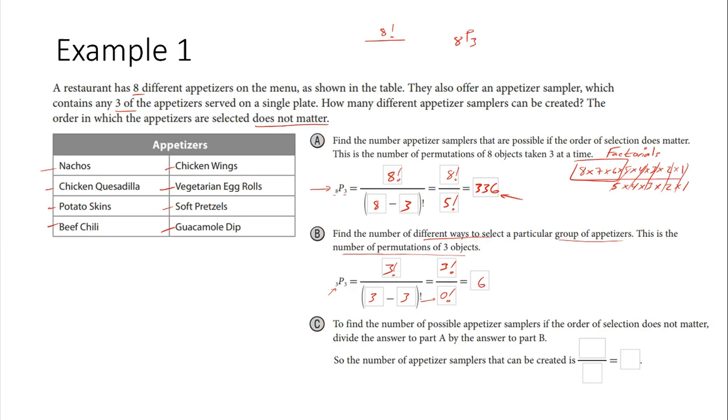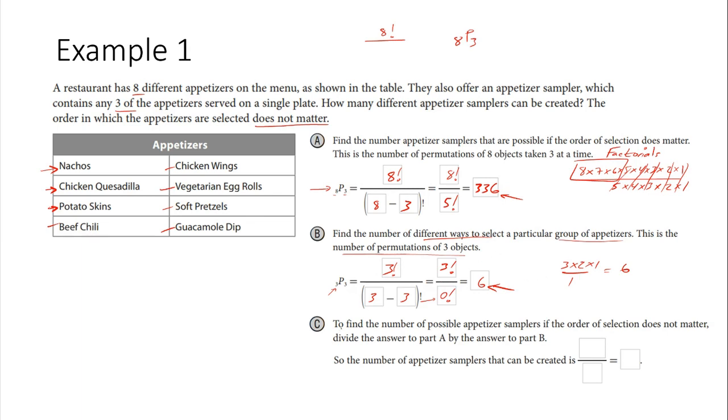And that should just be 6, because 0 factorial, fun fact, is just 1, and 3 factorial is really just 3 times 2 times 1, which is 6. So that's how they got 6. There are 6 different ways you can get it. For example, if you got nachos, quesadilla, and potato skins, you could do nachos, then quesadilla, then potato skins, or quesadilla, nachos, then potato skins, or potato skins, quesadilla, nachos. There are 6 different ways you can get those to come out for your order.